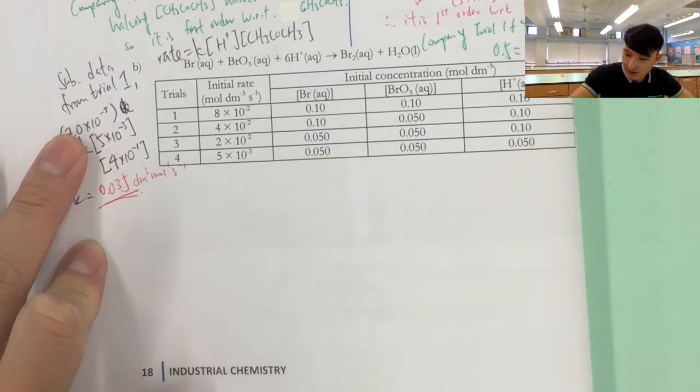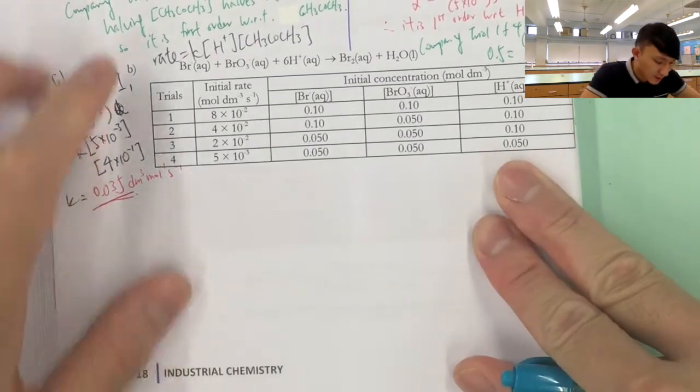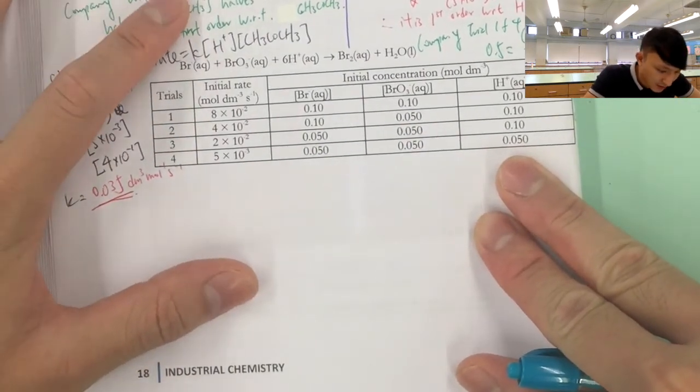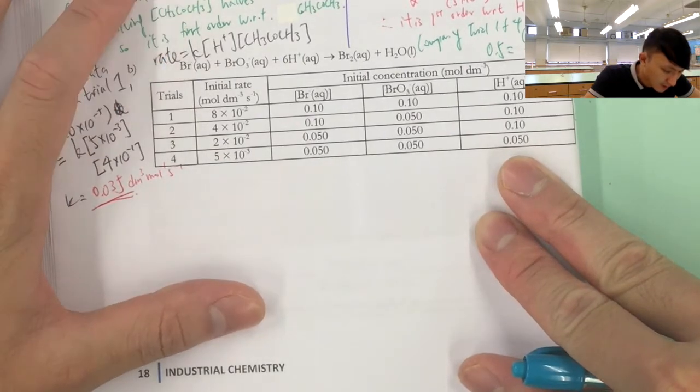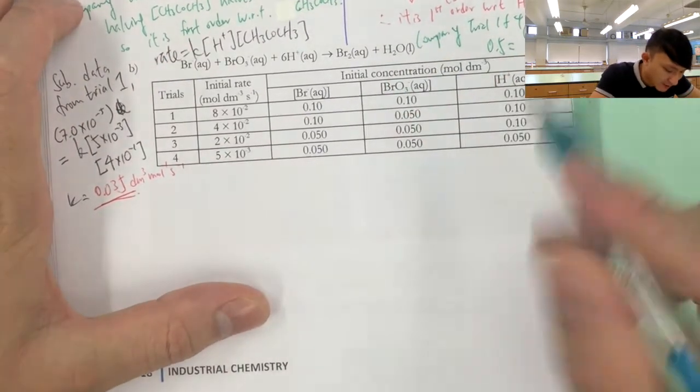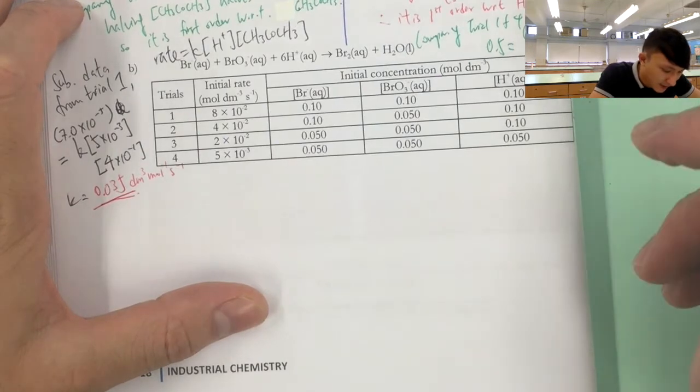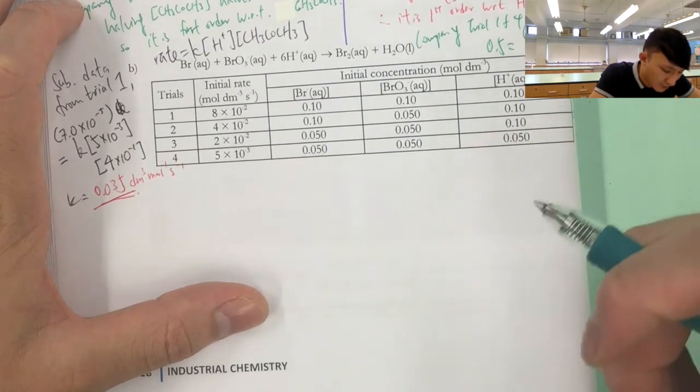Okay, let's have a look. Alright, I'll use the numerical method. So at the beginning, I should compare 1 and 2.